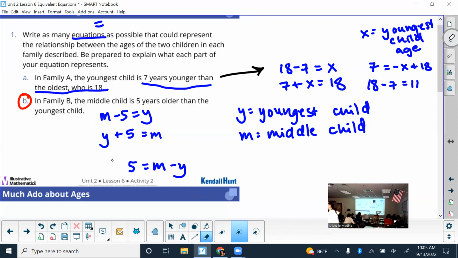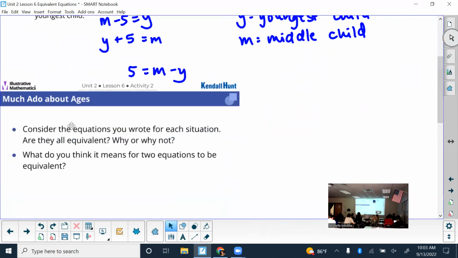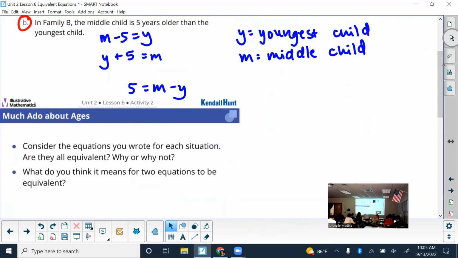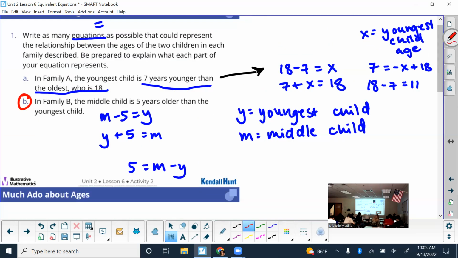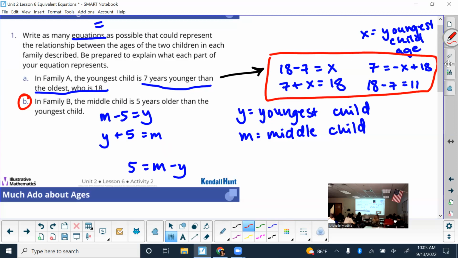Okay, then make sure you have those examples written down. So consider the equations you wrote for each situation. Are they all equivalent? Yes or no? So like for the first one, are these all equivalent to each other? Yes, whatever I plug in for x, I should get the same answer.